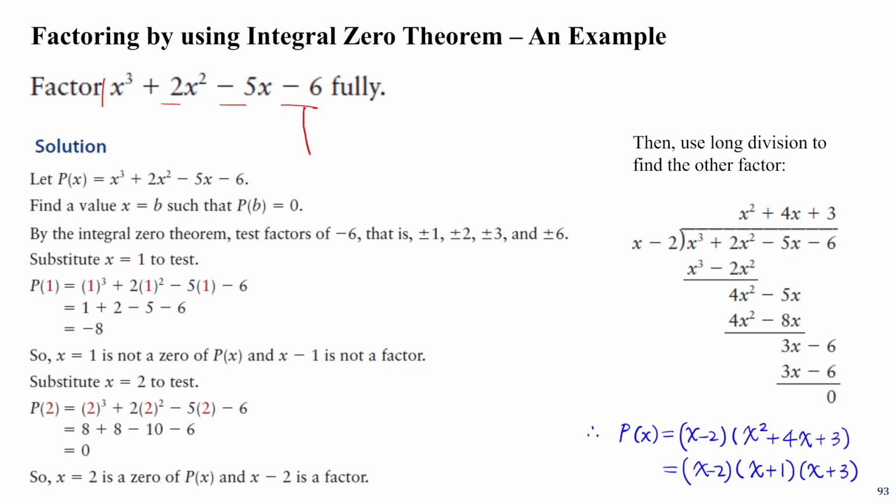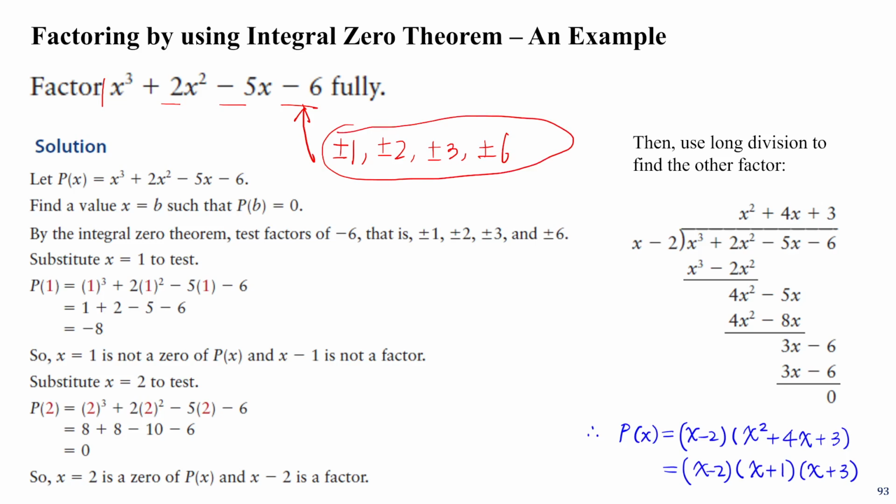Then you should first test all the factors of negative 6, right? So these values include either positive or negative 1, positive or negative 2, positive or negative 3, and positive or negative 6. You should test these numbers first to see if these numbers can make the whole expression be 0, right?